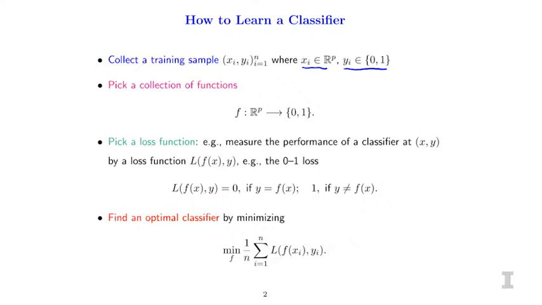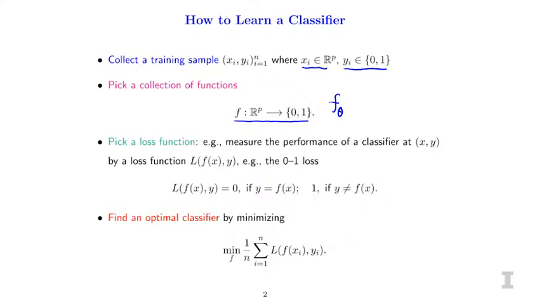Without loss of generality, we're going to assume the two classes are labeled as 0 or 1. Then we're going to pick a collection of functions, f, that takes p-dimensional input and outputs a binary response. For example, if we focus on linear functions, then we can index every function in this collection of functions by a parameter theta.